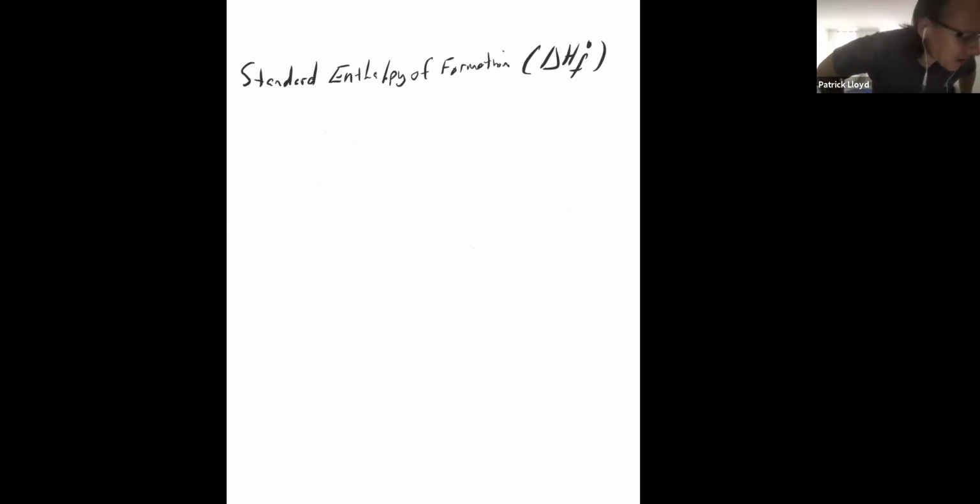Now, it turns out that we can think of what's called the standard enthalpy of formation in the following way. Okay, delta H f degree sign, standard enthalpy of formation. We're going to kind of look at it from this perspective.